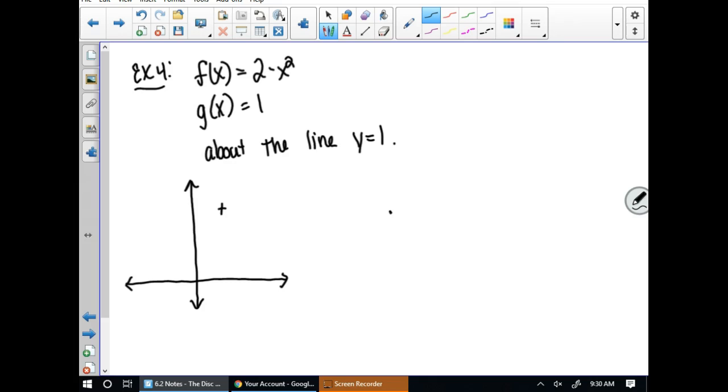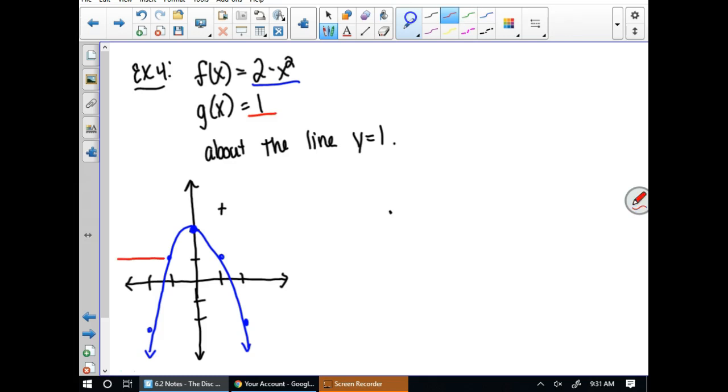And we're going to have 2 minus x squared. So 2 minus x squared would, actually let me go a little bit longer here. So that is upside down. It has a y-intercept at 2. g of x equals 1 here.